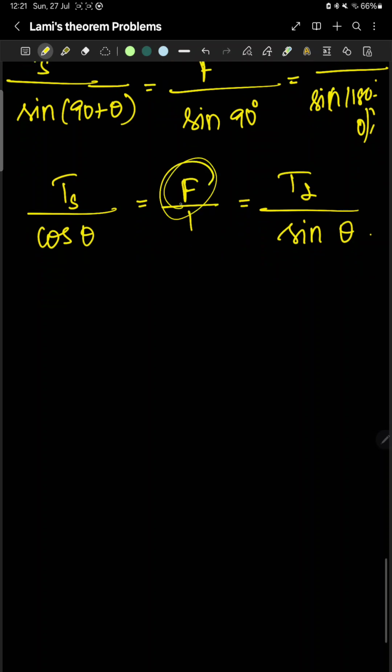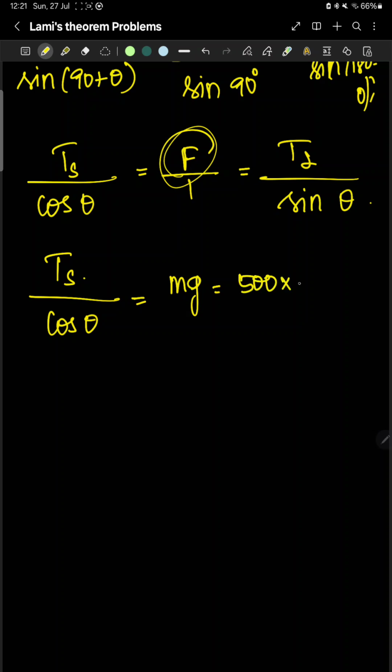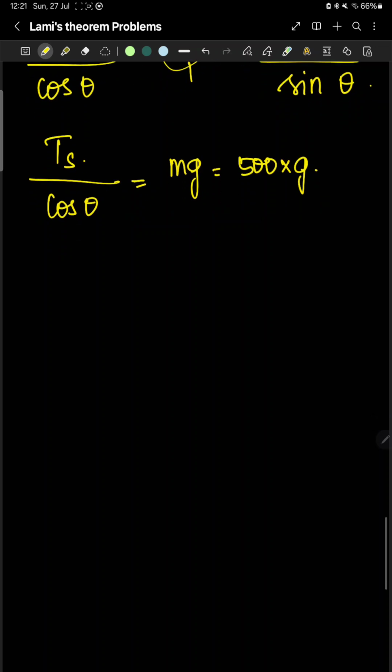So I know F can be calculated as m into G, and what is m here? It is 500 gram into G. So Ts divided by cos theta is equal to F, which means Ts can be written as 500 into G and cos theta.